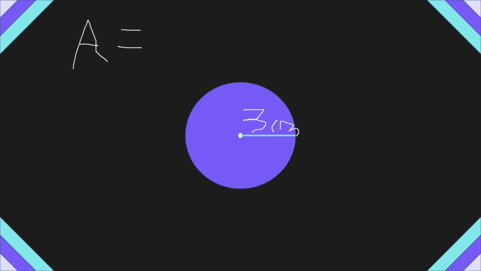So we have 3.14 times the radius to the power of 2. 3 times 3 is 9, so we can put 9 here.